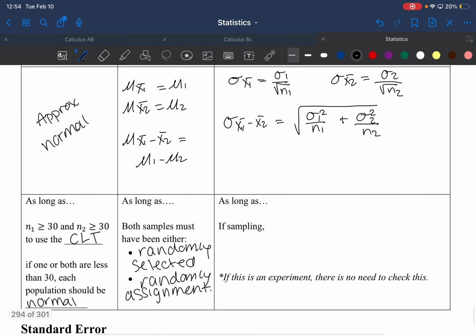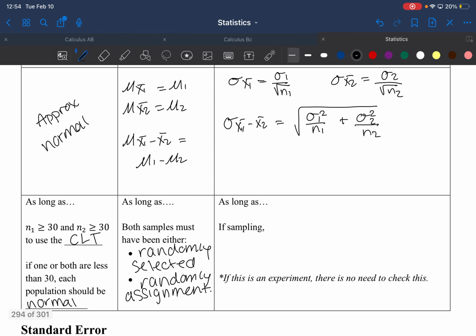We are able to find standard deviation and prove independence as long as which condition is met? 10% condition. Okay, the 10% condition, since we have two samples, has to be met for both samples. So we have to do N1 is less than or equal to 10% of population 1, and N2 is less than or equal to 10% of population 2.